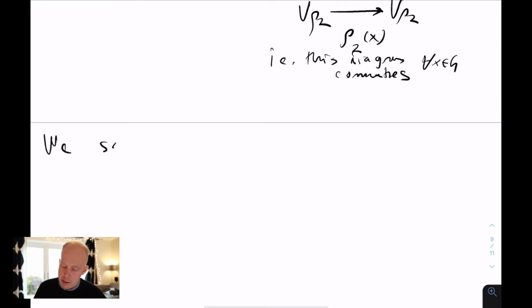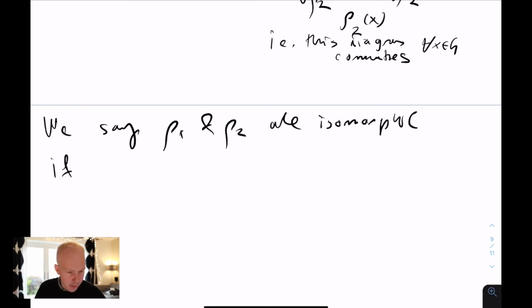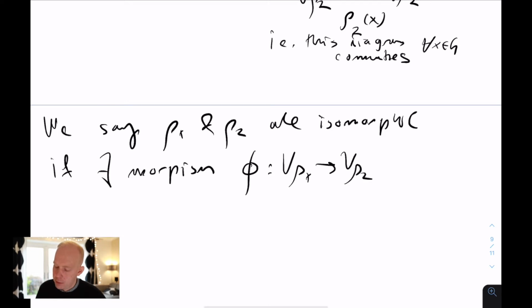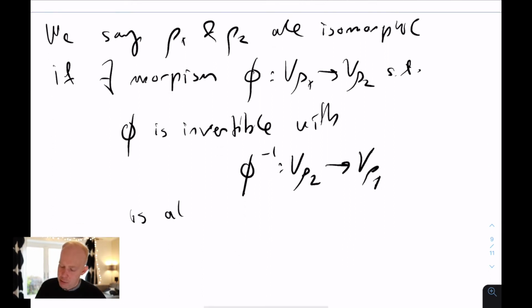So we say that rho 1 and rho 2 are isomorphic if there exists a morphism phi from rho 1 to rho 2 such that phi is invertible, with phi minus 1 from V rho 2 to V rho 1, so that when the inverse exists, it is also a morphism from rho 2 to rho 1.